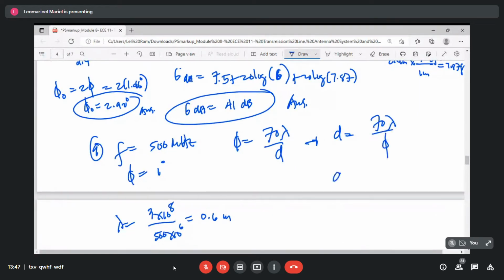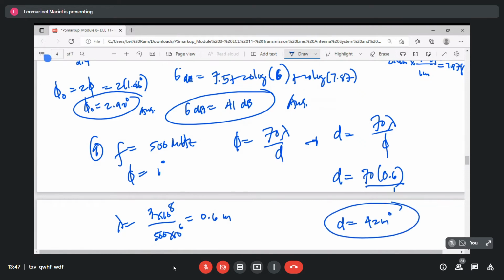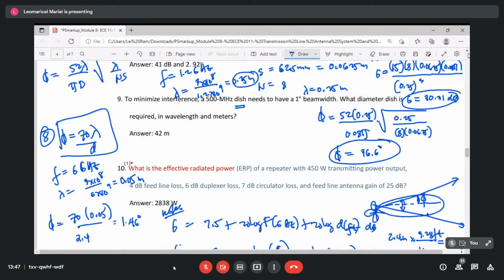So the diameter in meters is 70 times 0.6 over 1, which is 42 meters. That is how big your antenna is, 42 meters. These are used for cosmic radiation.